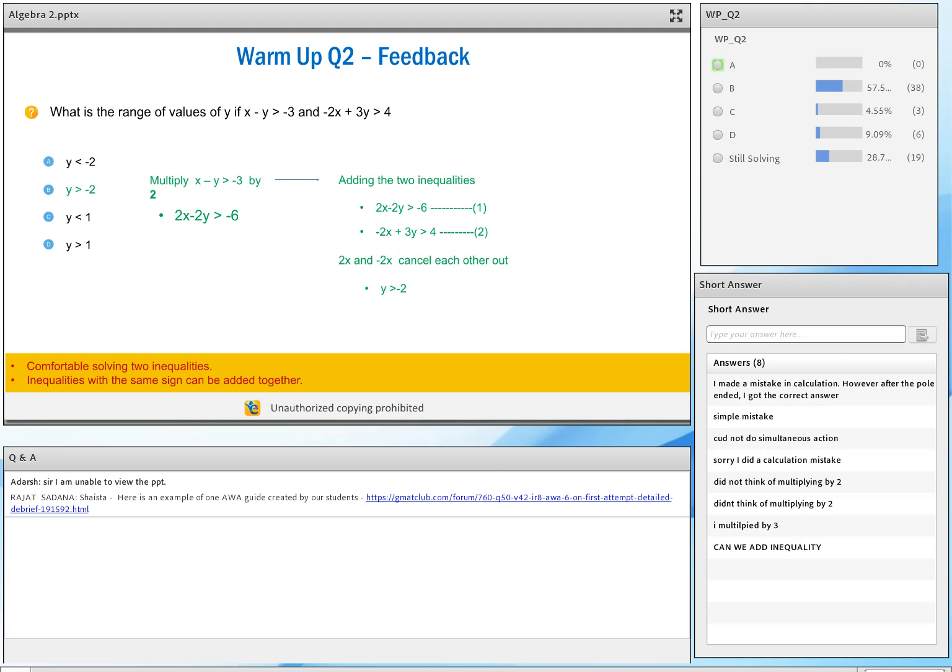So if you couldn't multiply by 2, you have to go back to your skill set in solving equations. Okay, I made a mistake in the calculation. Okay, I multiplied by 3. Well, you could have done that by multiplying by 3 as well. There's no problem with that, as long as you're getting to the right answer, as long as you're not making any mistakes.